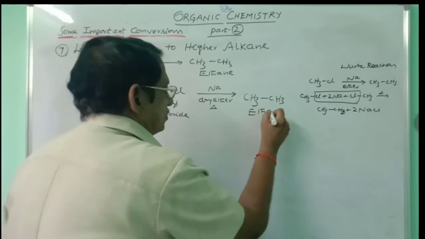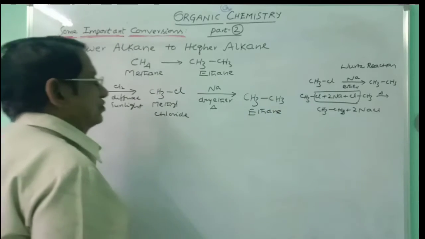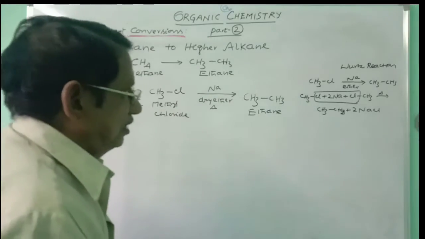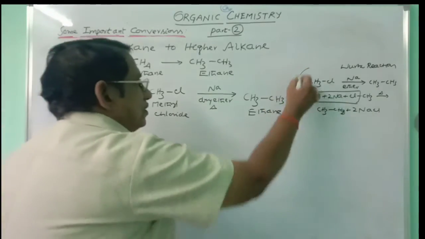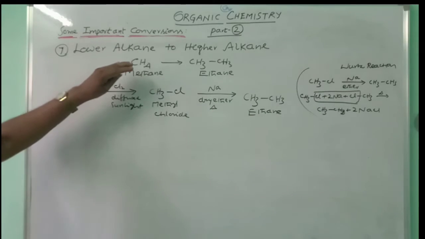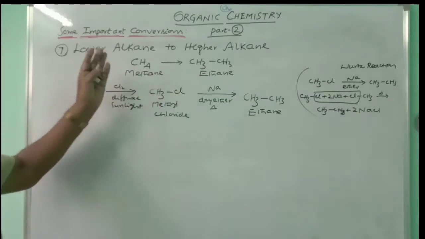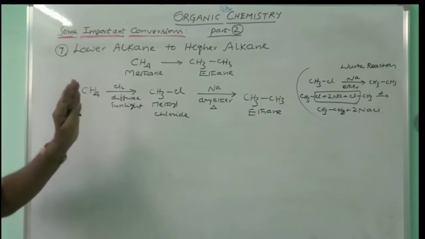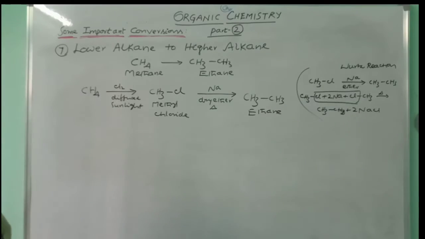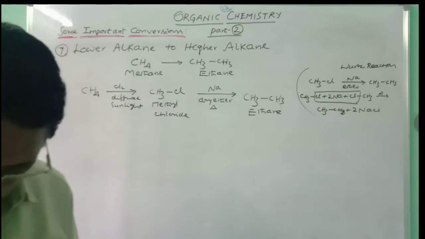You need not write a balanced equation in the case of conversions. Reagent, the arrow mark and product, you have to write directly. This is the actual step that is taking place here. In this way, methane can be converted into ethane, lower alkane into higher alkane, by subjecting to chlorination first. Later, you have to do Wurtz reaction. Okay? Please note it.